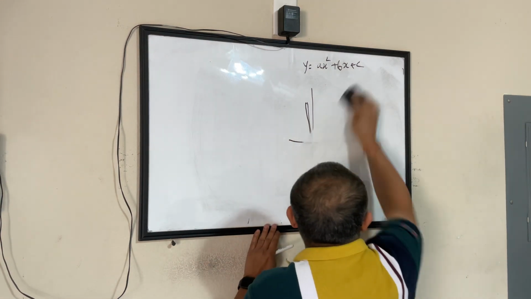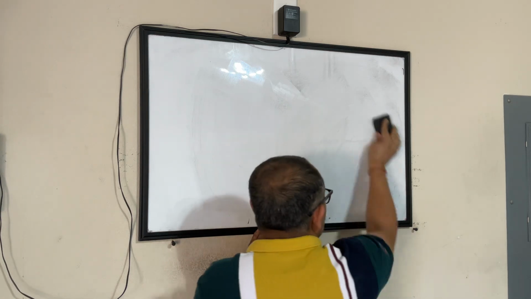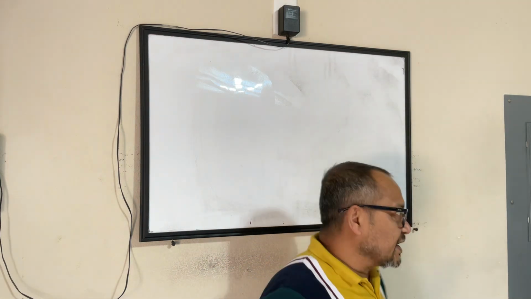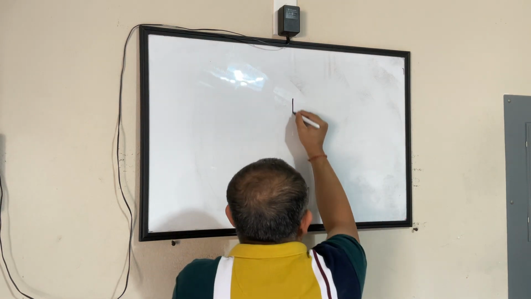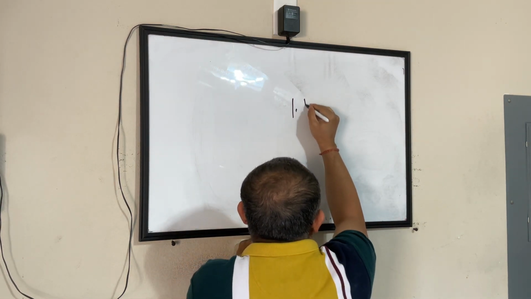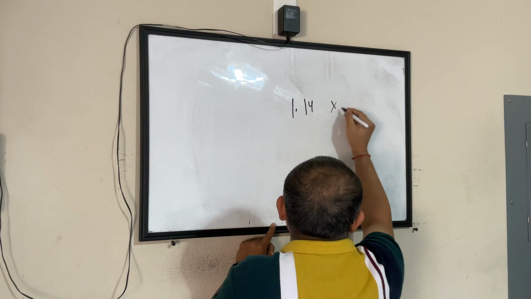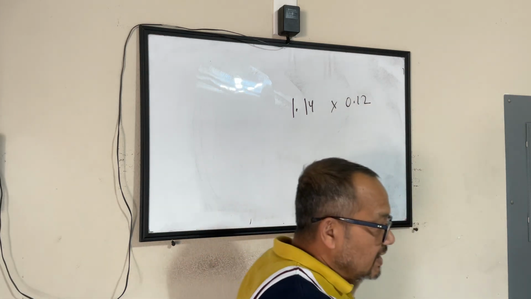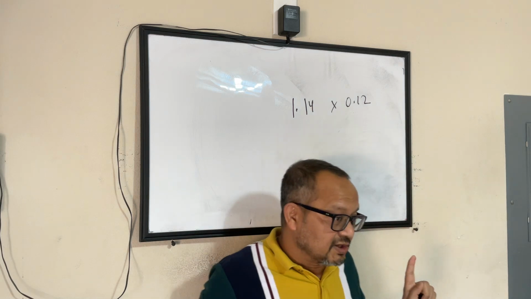Now let's look at it one more time. Since Yaganya and Satvik were not in the class yesterday, let me do a quick check. If I say 1.14 multiplied by 0.12, everybody in the class will do it.